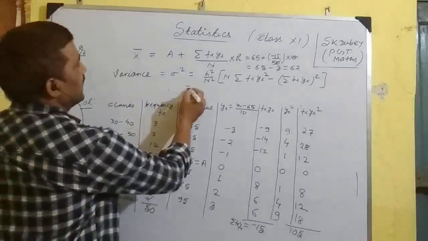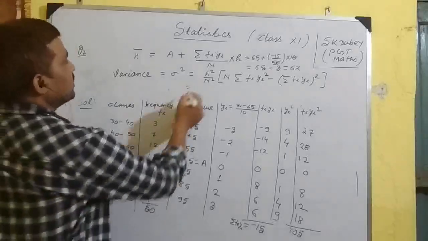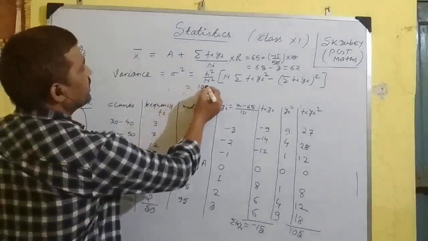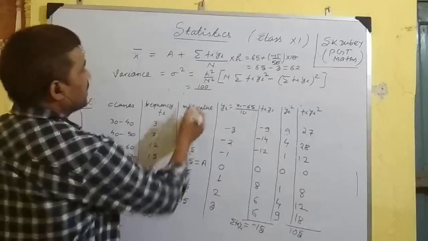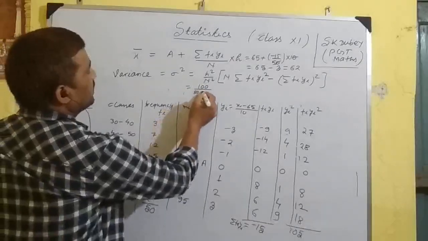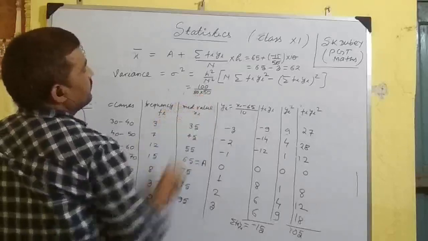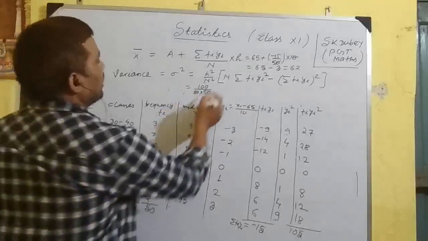Now h is 10 here, so 10 into 10 is 100, n is 50, so 50 into 50.